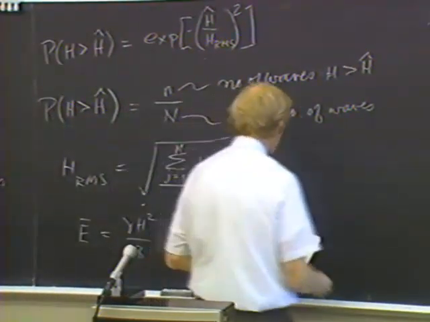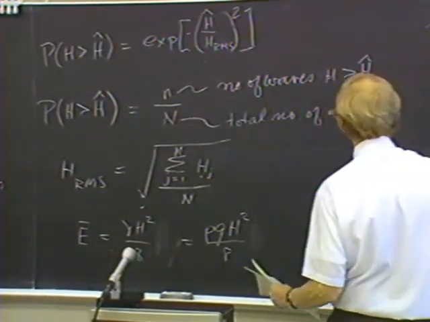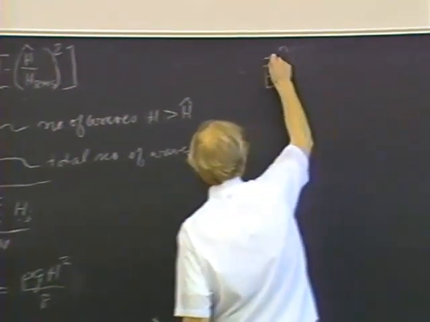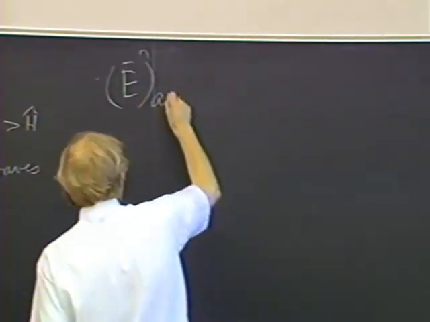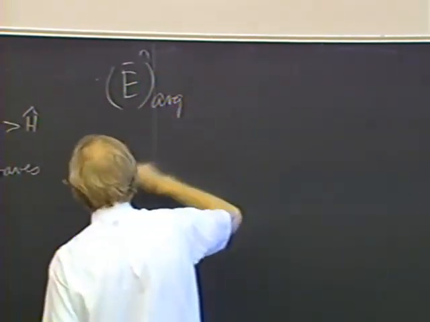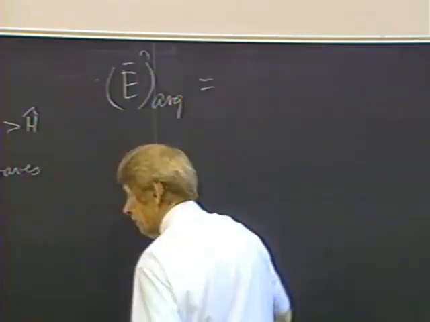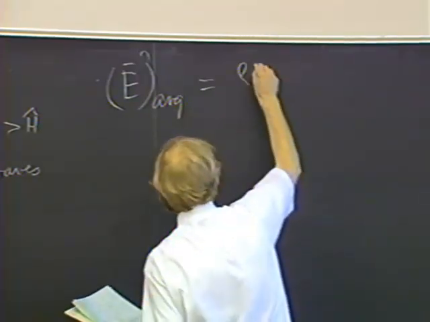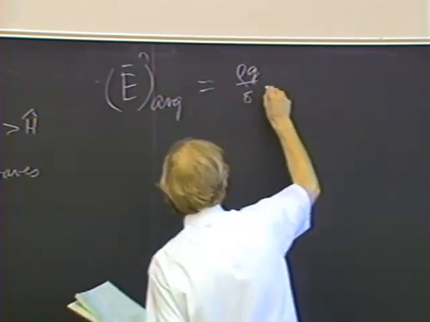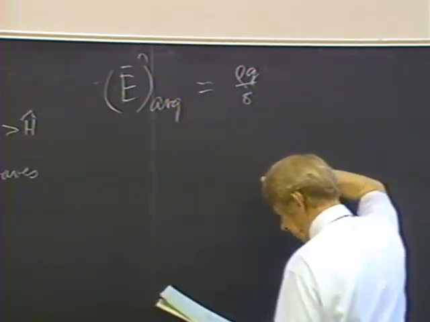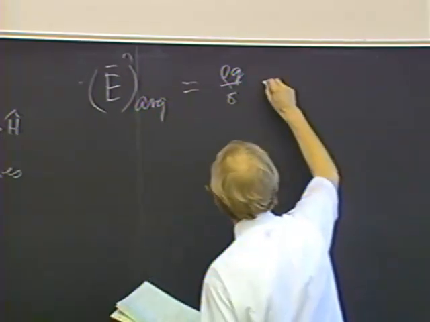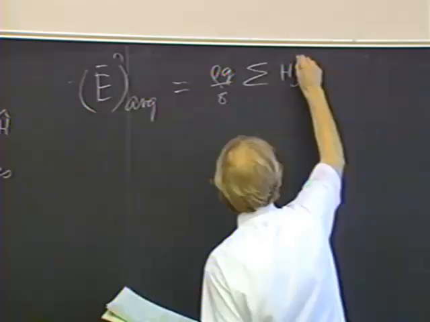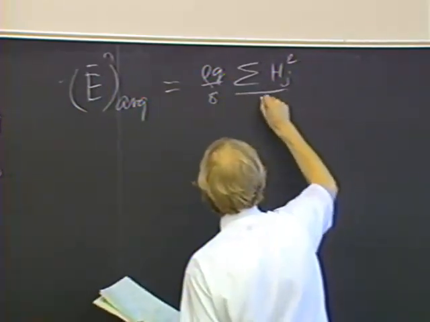Then we can write that the average of the average wave energy is just the average of all these, rho g over 8 times the sum of H sub j squared divided by N.